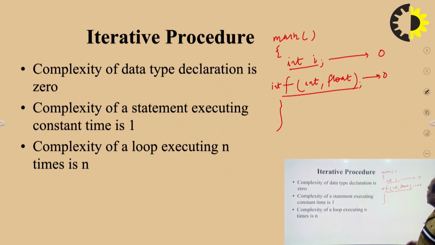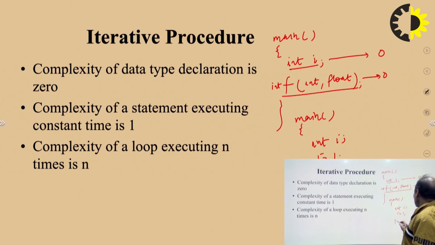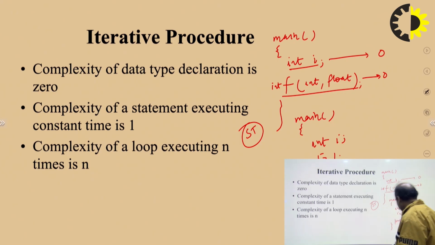You may be wondering what the essence is of writing them. Suppose you write int i, i is 1, and print of i. There is the concept of a symbol table in data structures, where each type declaration is maintained in the program.